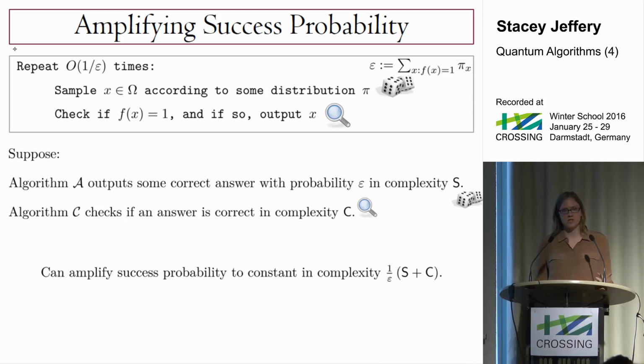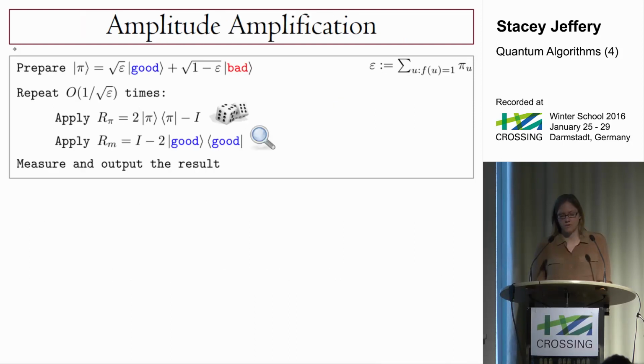But this guess and check algorithm is exactly the form of the algorithm that we sort of used as the classical basis for Grover's algorithm. And actually, we can also make a quantum version of this more general guess and check algorithm where we sample non-uniformly. So let me just show that.